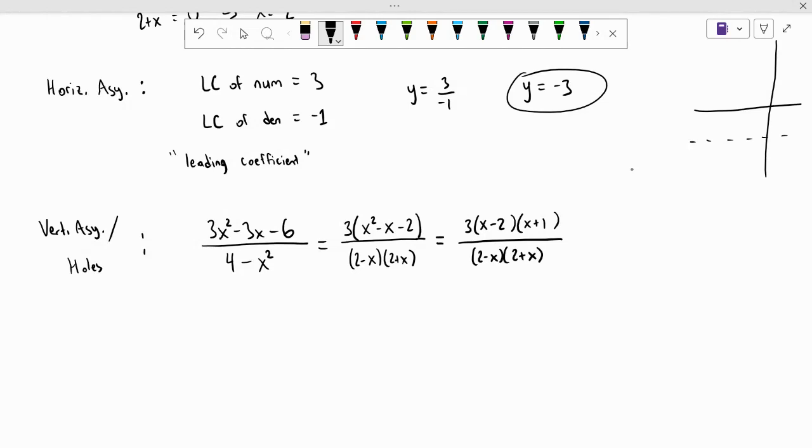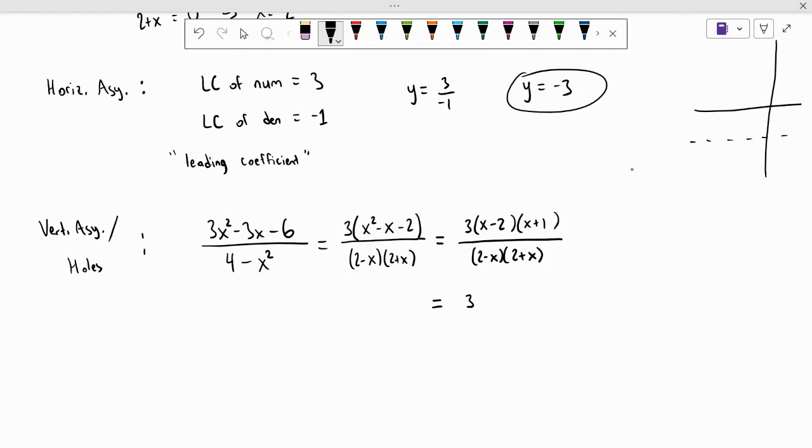The point of factoring numerator and denominator, for vertical asymptotes and holes, is to see if you can cancel anything out. Here it's maybe a little bit tricky: in the numerator, we have an x minus 2, and in the denominator, we have a 2 minus x. We can sort of cancel those out, but I want to add an extra step to see what happens when you cancel them out.